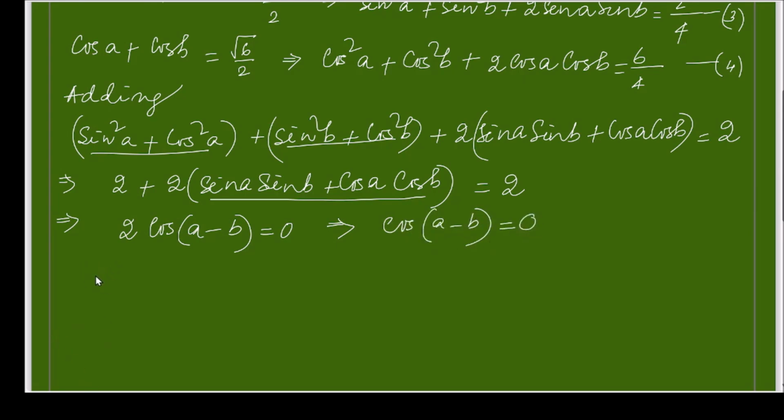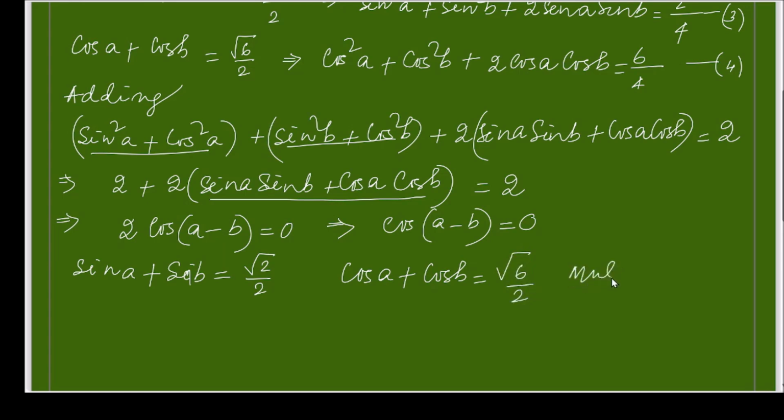Next I'll multiply these two expressions, sine a plus sine b, which was square root of 2 over 2, and cos of a plus cos of b, which is equal to under root 6 by 2.